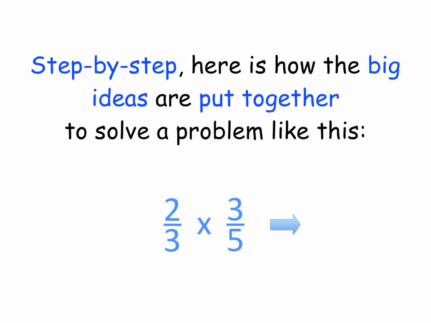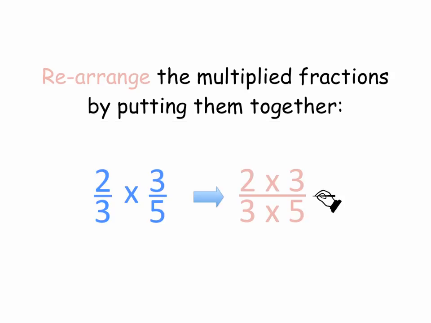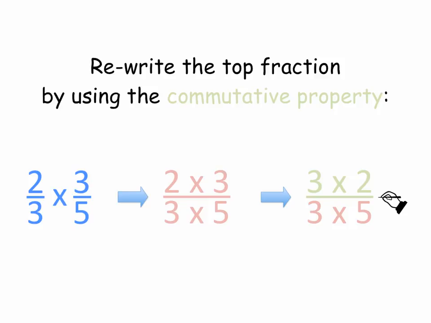Step by step, here is how the big ideas are put together to solve a problem like this one, 2/3 times 3/5. Rearrange the multiplied fractions by putting them together. Then rewrite the top fraction by using the commutative property. So 2 times 3 turns into 3 times 2.